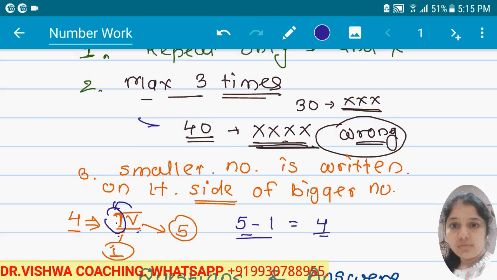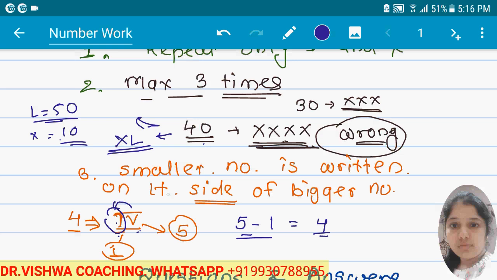Like this you can write the number 40, because L represents 50 and X represents 10, so 50 minus 10 is equal to 40. You just write the smaller number at the left side of the bigger number. This is the correct way to write 40 in Roman numerals.